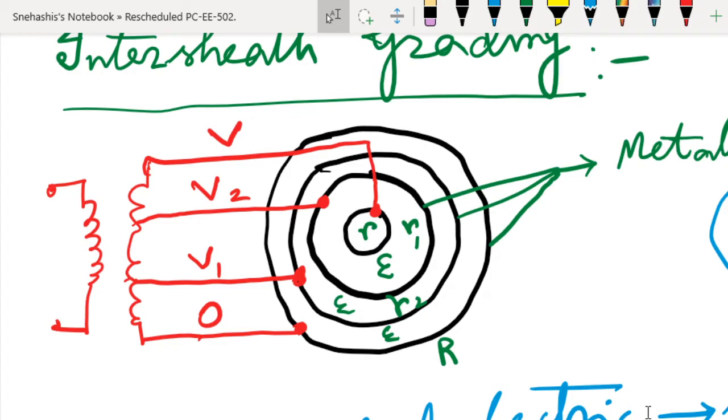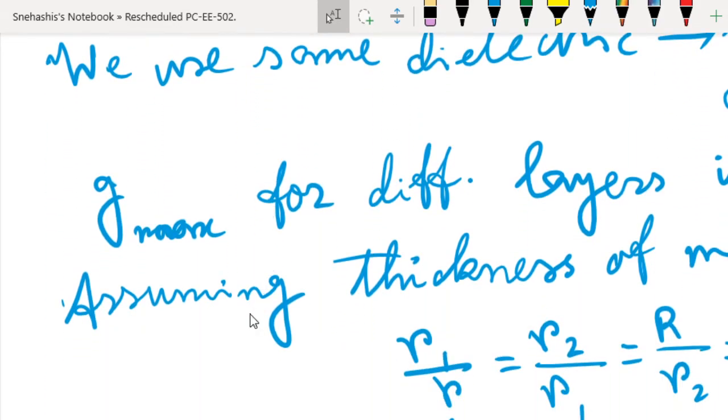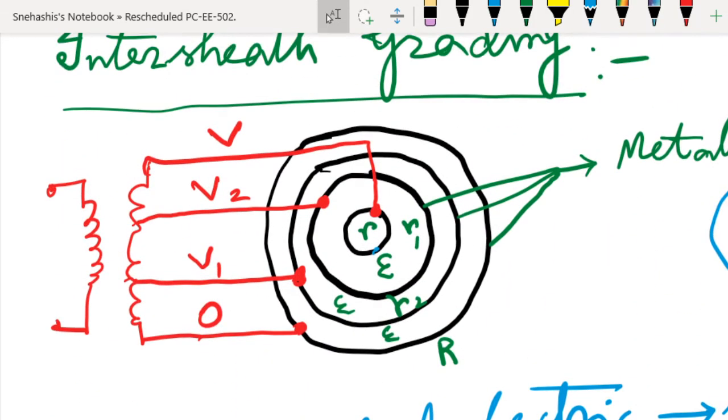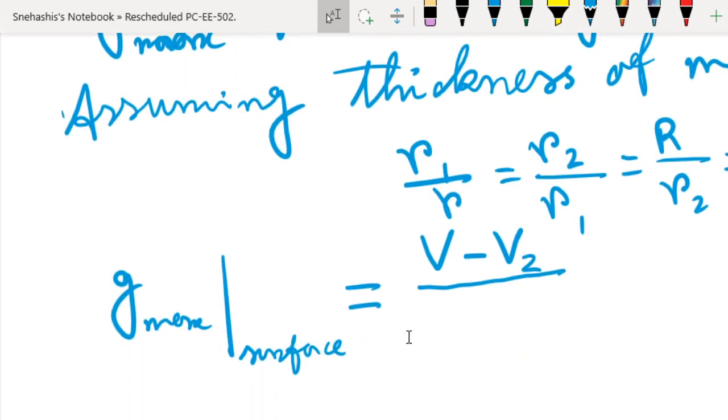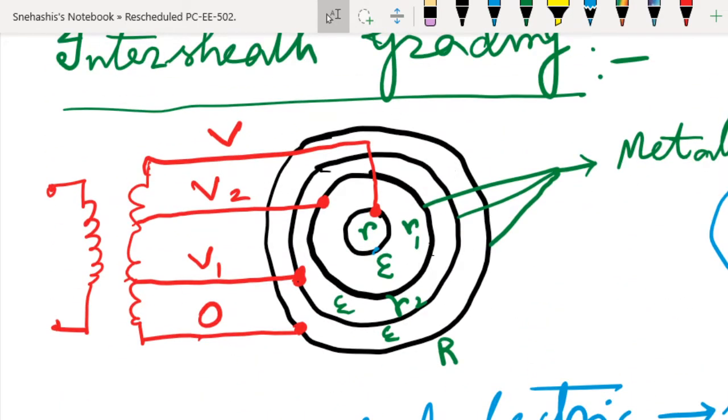In previous case it was V, the line voltage, and it was at ground potential 0, so it was V minus 0 equal to V. But right now this layer is at V, and you can see it is given from the transformer. This layer is at V, this layer is at V2. So it is now V minus V2 divided by X ln R by R. What is X here? X here is the R itself. So R ln. What is capital R? Capital R is R1 here.